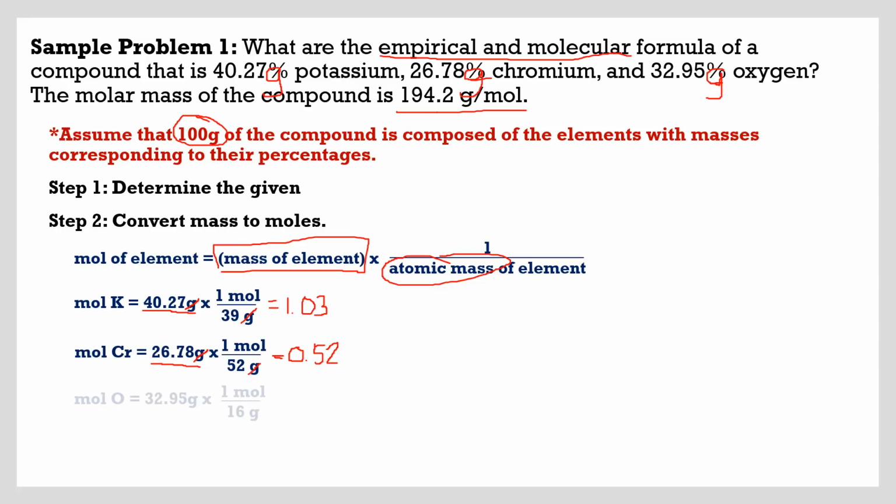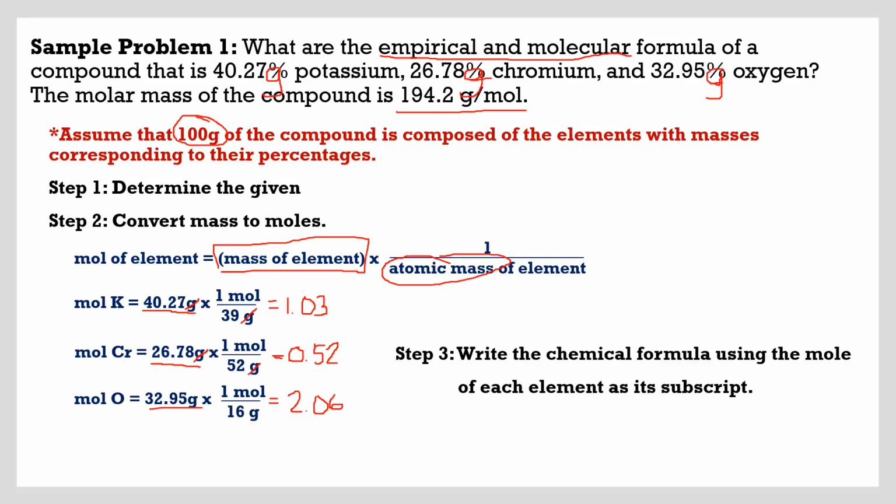And the last one is oxygen. The mass of the element is 32.95 times 1 mole divided by the atomic mass, which is 16. So that will be equal to 2.06 moles. Okay, so we are done converting the mass of the element to moles.